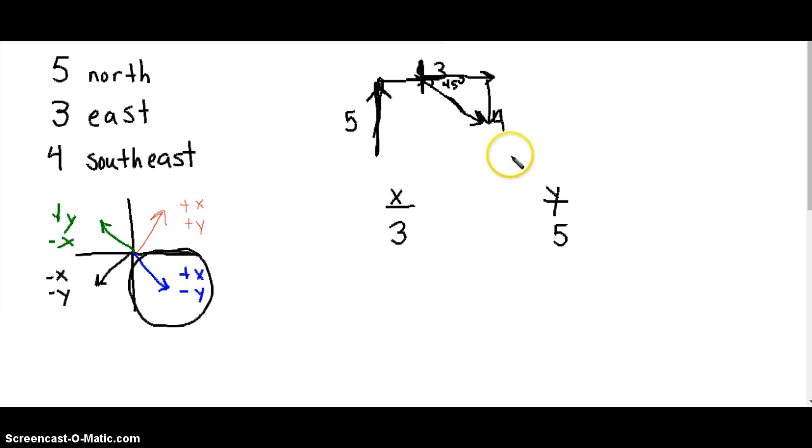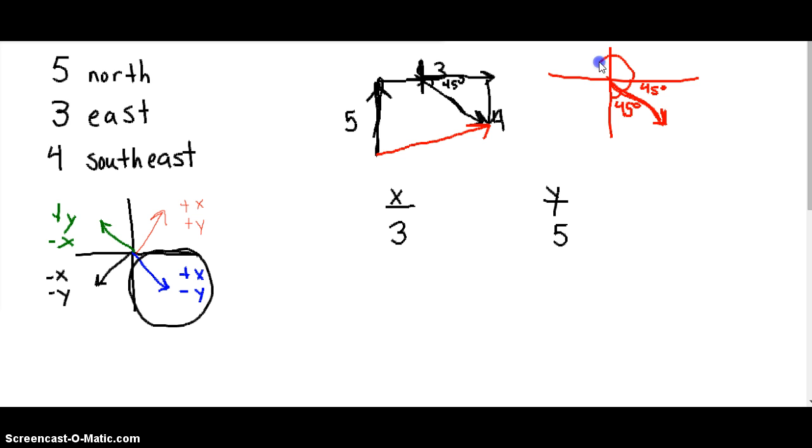Finally, we have this third component that's going to lead us to our final vector where the treasure is, 4 paces southeast. So in this case, we're going to have a vector 4 oriented at an angle of 45 degrees from the y-axis or 45 degrees from the x-axis, depending on which way you look at it.